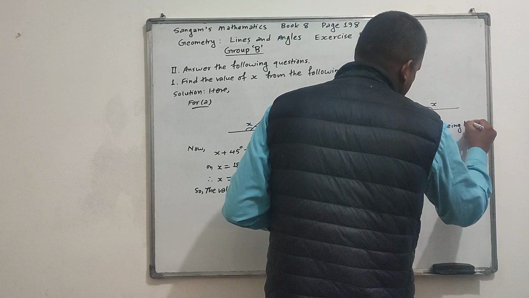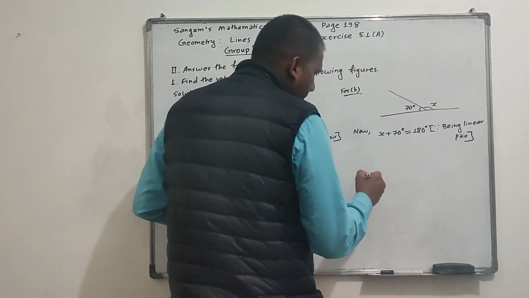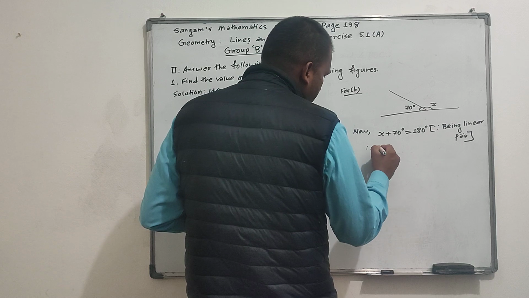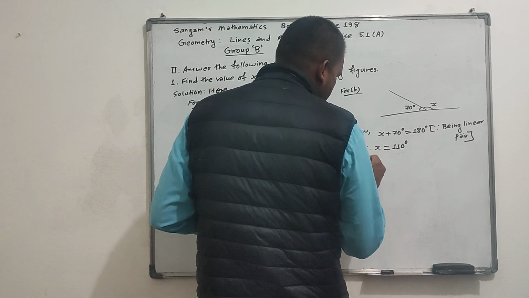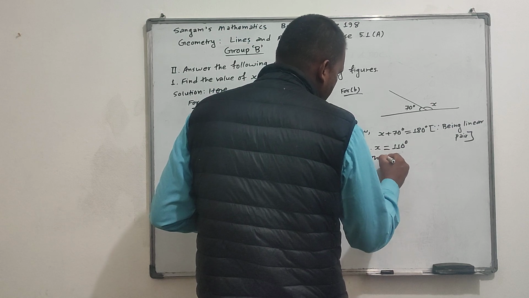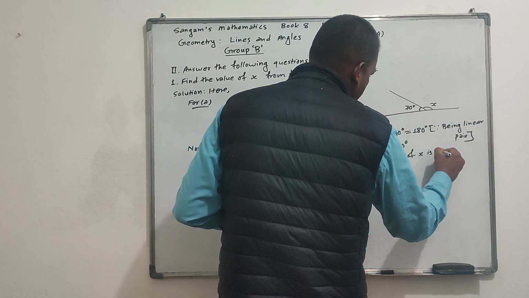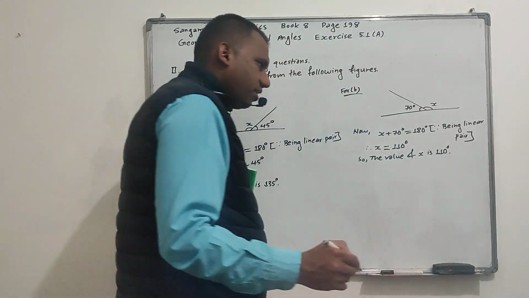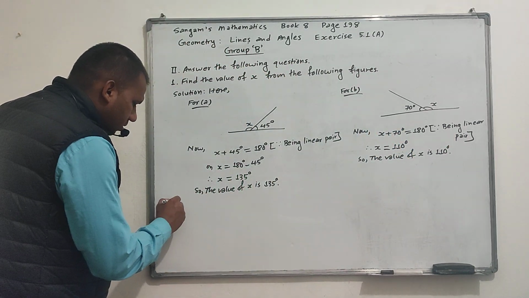Being linear pair. Therefore, x equal to 180 minus 70. It becomes 110 degrees. So the value of x is 110 degrees.